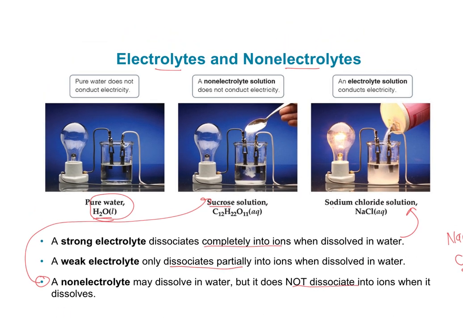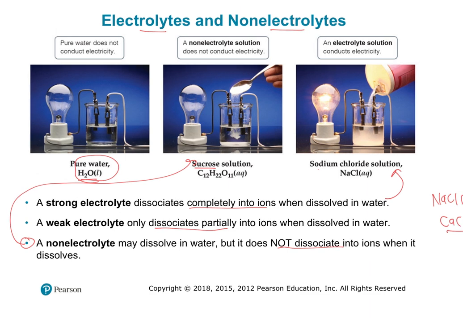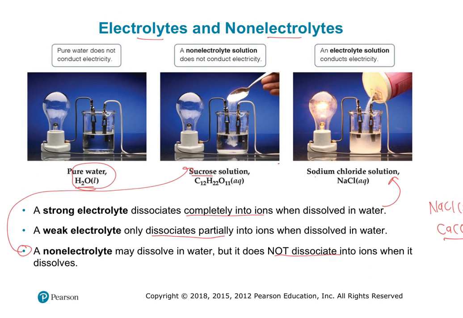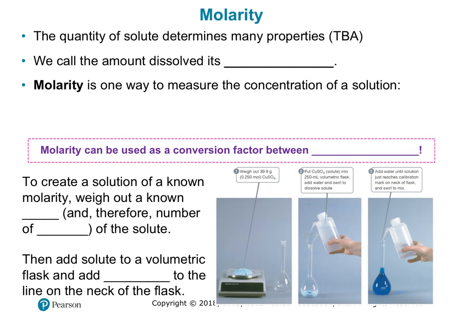If we had a third picture here for a weak electrolyte, you would see something between sucrose and sodium chloride, where it would just be kind of a dim light bulb, indicating that only a little bit of ions are present. So now we're going to talk a little bit more about the quantitative value of concentration, not just being strong or weak or dilute or concentrated, but how do I actually quantify my concentration?